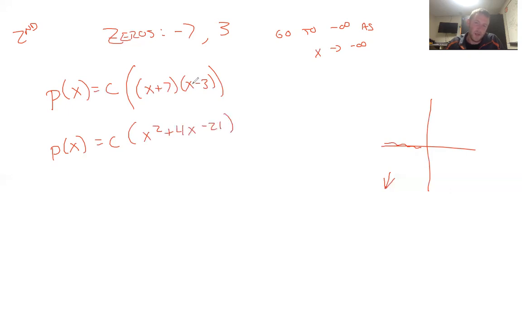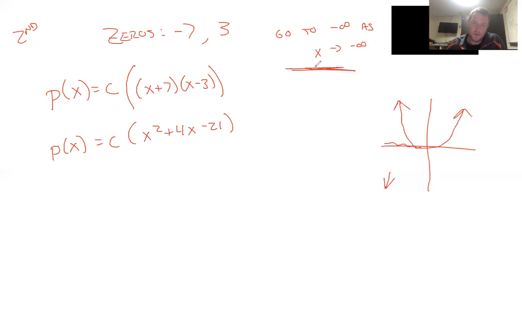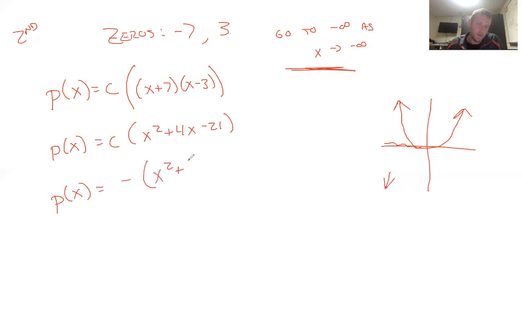That's 7 times x is 7x, -3 times x is -3x, and then 7 minus 3 is 4. Now, the c value, this technically goes up, but I need it to go down because of this. So I need to flip it, so I need a minus sign. So my answer is negative x squared plus 4x minus 21.